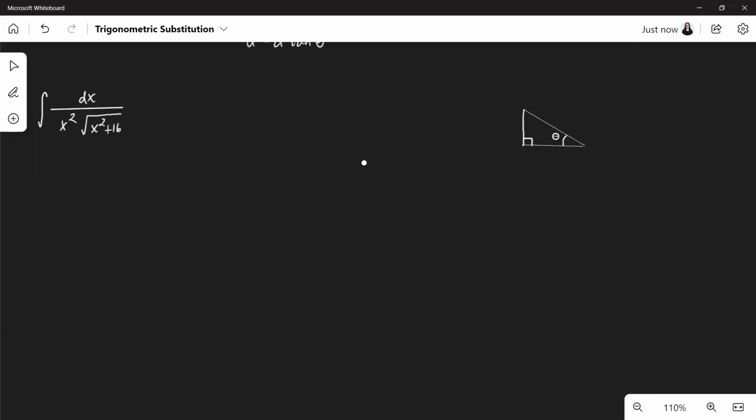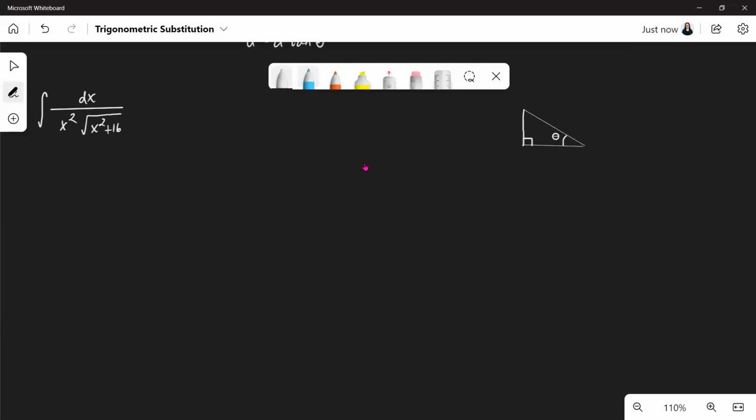The opposite side would contain the variable x. If this is in the form u squared plus a squared, then u is x and a is 4, since the square root of 16 is 4.